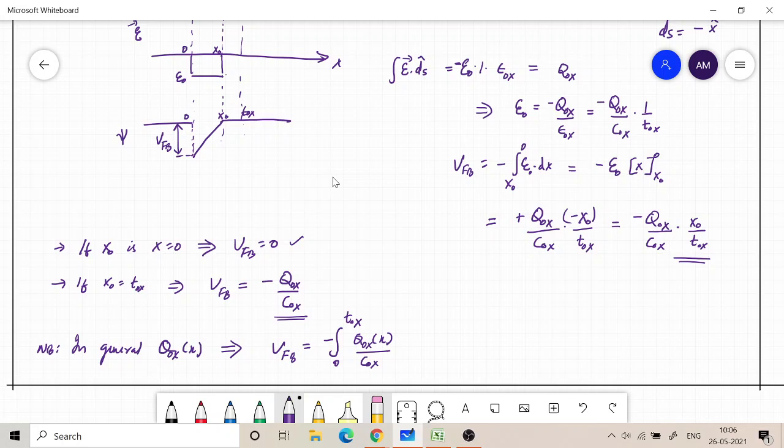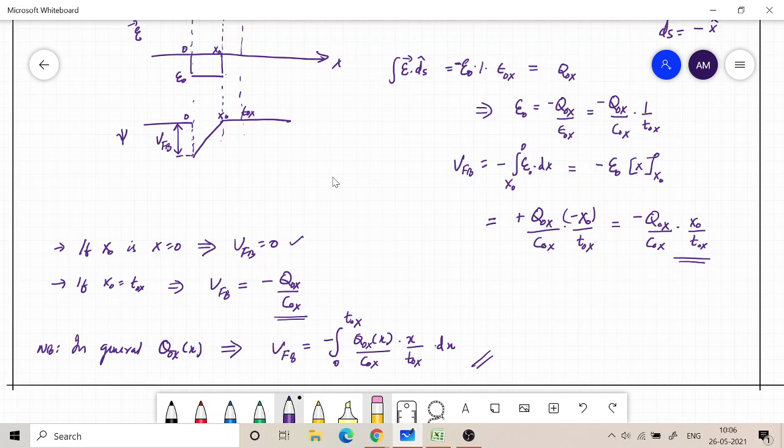So I have to write it as this, Qox of x by Tox dx. This is how I have to consider. It will be a cumulative effect of all the charges inside. Earlier I treated Qox as a constant and took it outside, and only x was there, but now I cannot take it outside because Qox is also a function of x.